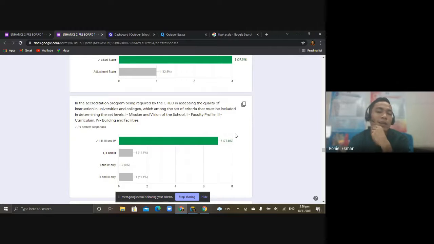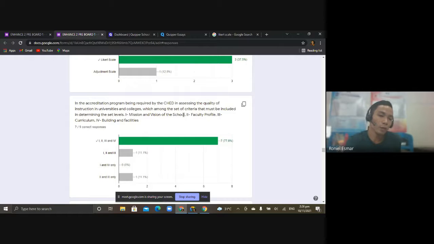And it was emphasized there that the mission and vision, and the profile of the faculty members of every college and department are also going to be considered. They're going to be checked by CHED, the accreditors.